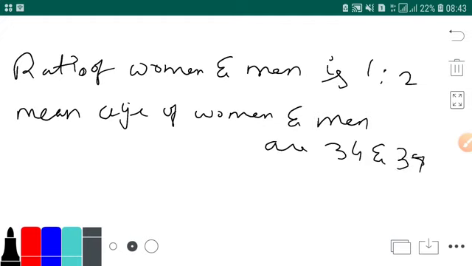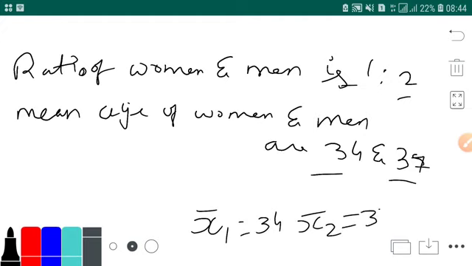So this is your data. This is the mean and this is the ratio. Now what should we take? There isn't a doubt that x bar 1 is 34 and x bar 2 is 37.